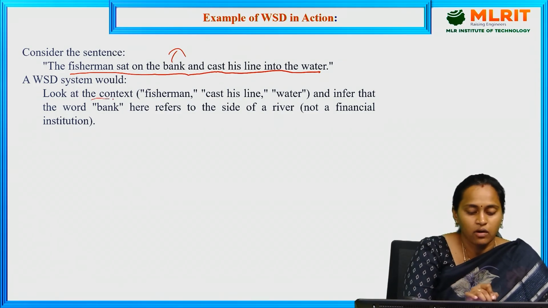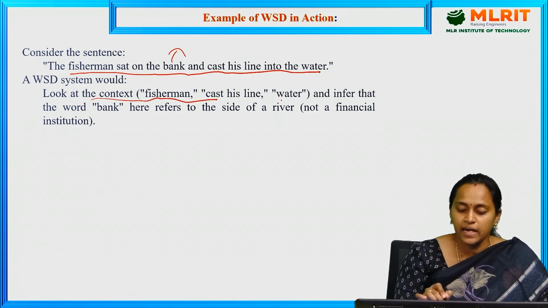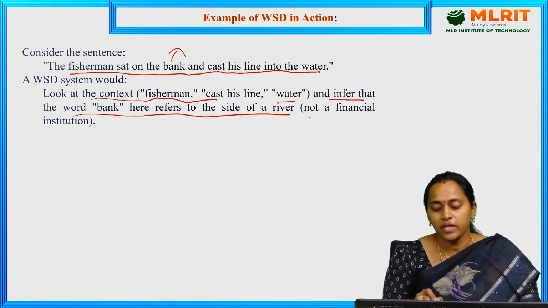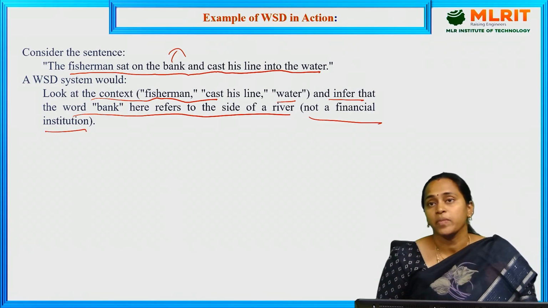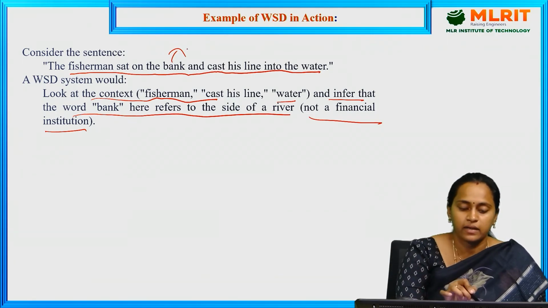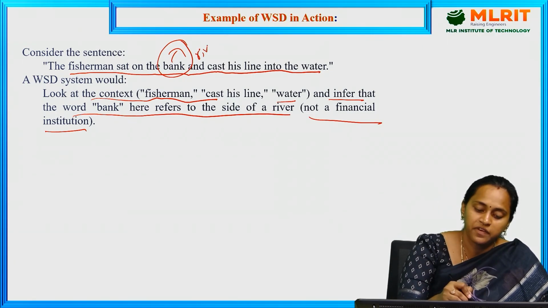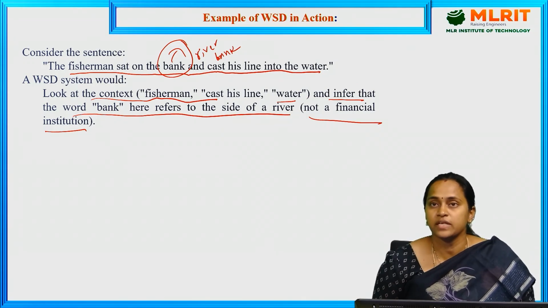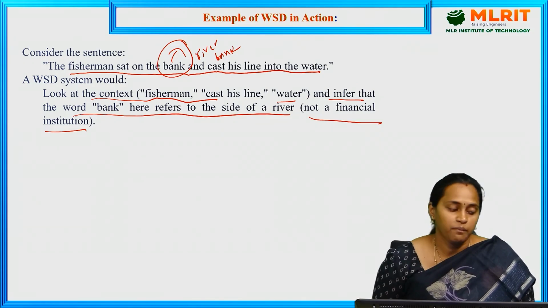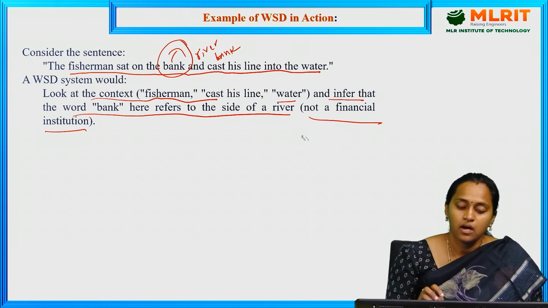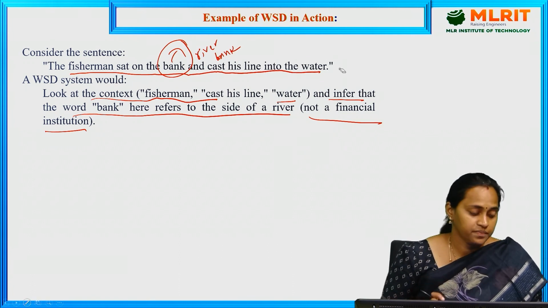Look at the context here: the fisherman cast his line into the water, so we infer that the word bank refers to the side of the river, not a financial institution. So here we are overcoming the ambiguity by using word sense disambiguation. That means a word contains multiple meanings, and based on the surrounding context, we can find out the meaning of that word.